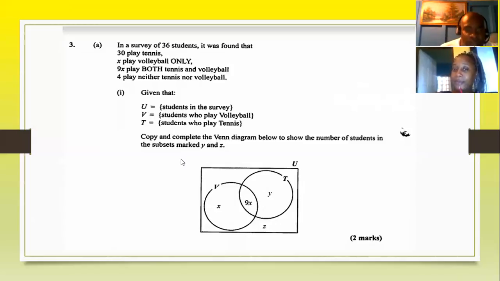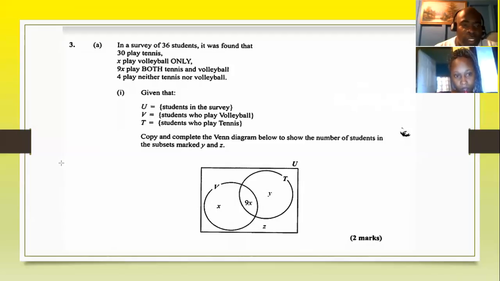So now we must copy and complete the Venn diagram below to show the number of students in the subsets marked Y and Z. Not X, but Y and Z. So we're going to draw now.